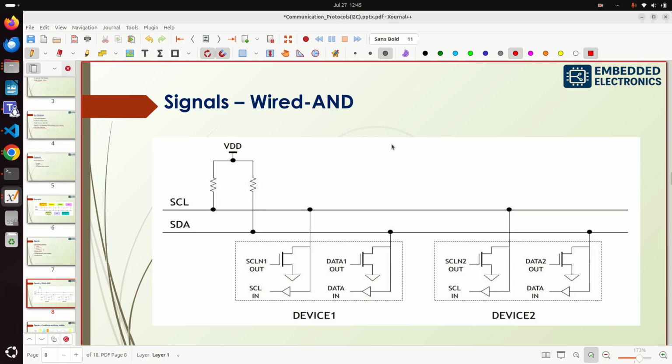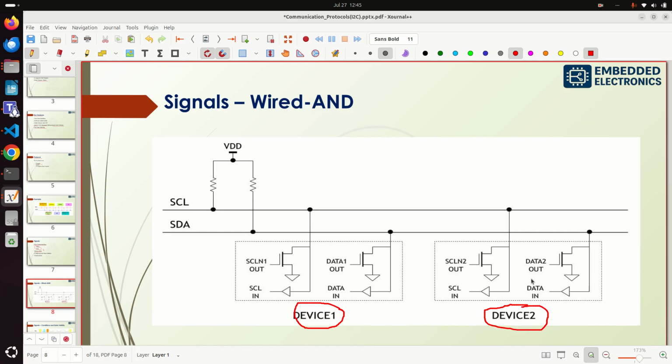Here we have two devices connected to each other with one data line. Device 1 is the master and device 2 is the slave.